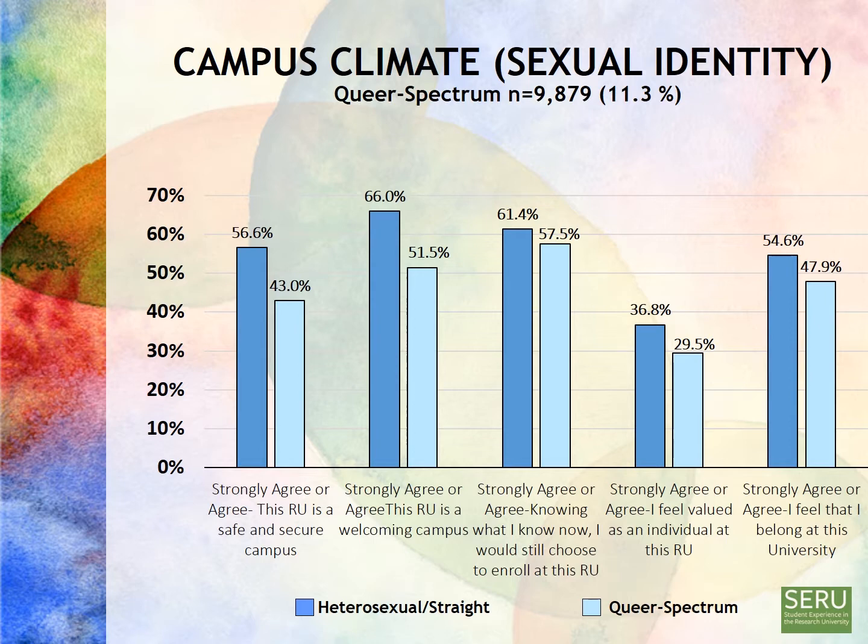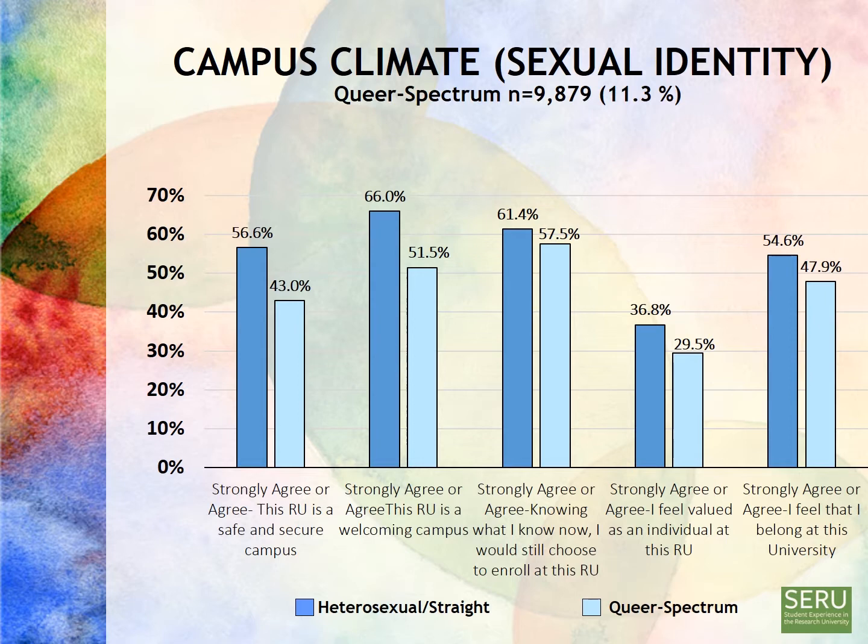Particularly among safety, there's a fairly large discrepancy, and as to whether the campus is welcoming. But when you start looking at would you come back here, or some of the other overall satisfaction retention items, queer spectrum students are fairly similar in their responses to heterosexual straight students. They're showing some resiliencies there, and it shows up in some of the various outcomes that we look at as well.